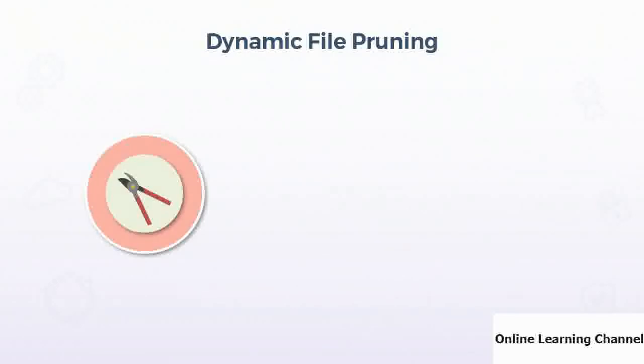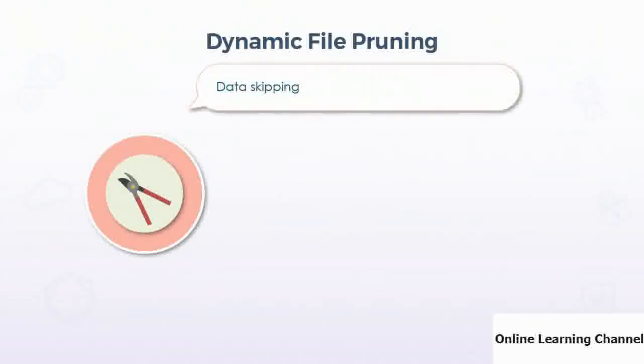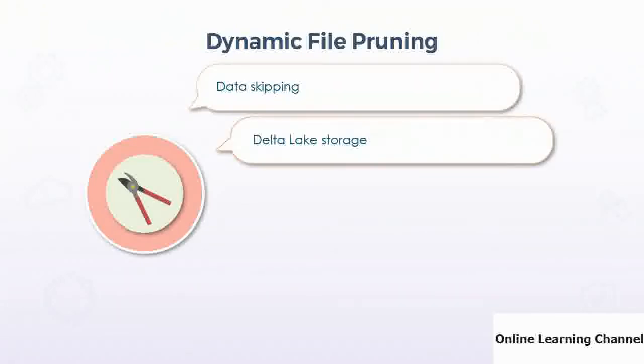Dynamic file pruning is another optimization available in Databricks. It also optimizes query speeds by skipping data, though in this case it's at the file level rather than partitions. It is enabled by default in the Databricks runtime, but requires the data storage to be running data lake or delta lake.